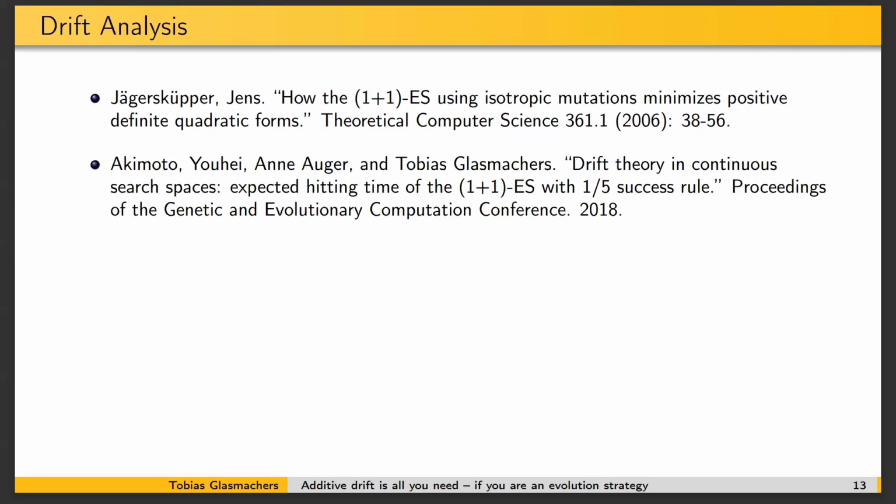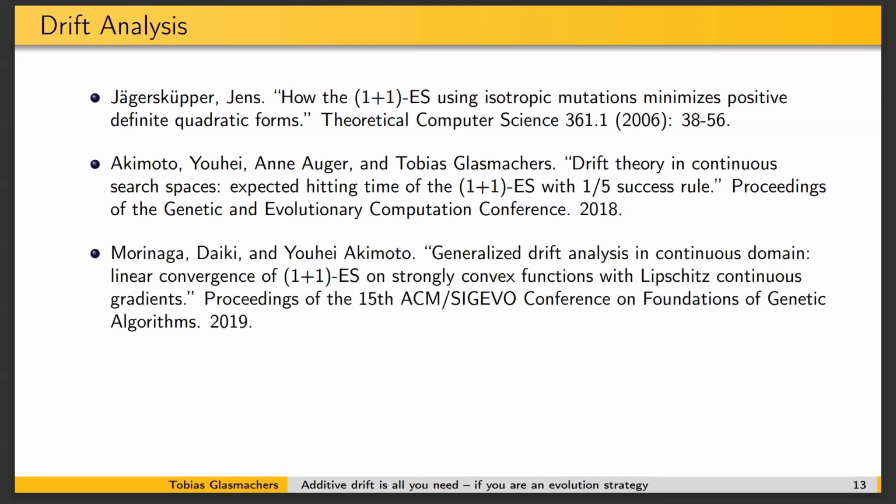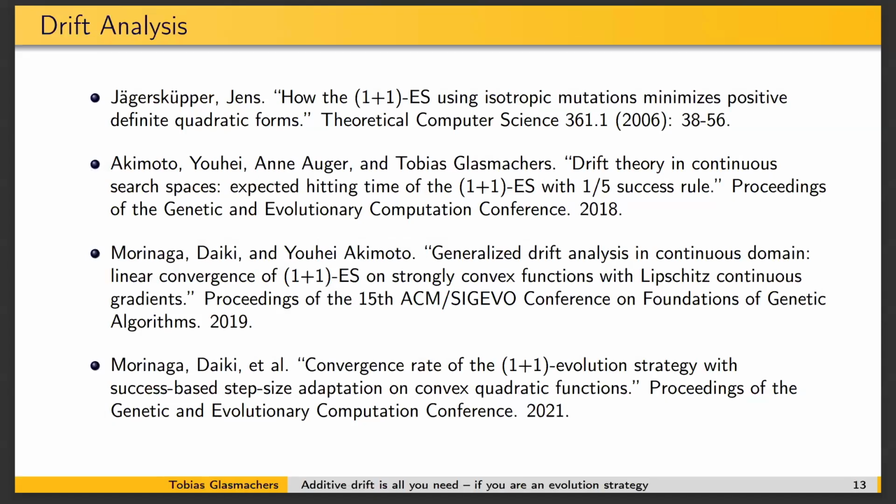So what we then did in 2018 was to take that well-developed framework of drift analysis and show a similar result. This first one was even only for the sphere function, but it was extended in particular by Daiki and Yuhei in the coming years. These are both very nice papers. The one here, I think, got the Best Paper Award at FOGA, generalizing it to a huge class of functions: not convex quadratics anymore, but all strongly convex functions with Lipschitz continuous gradients. This is not a parametric class.